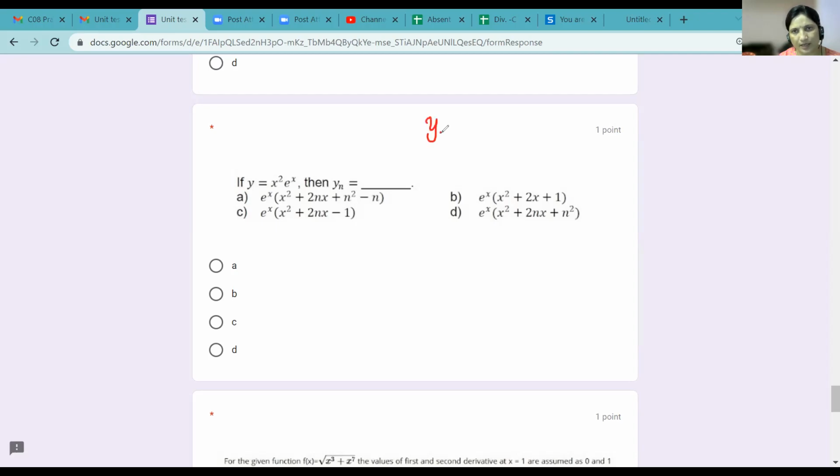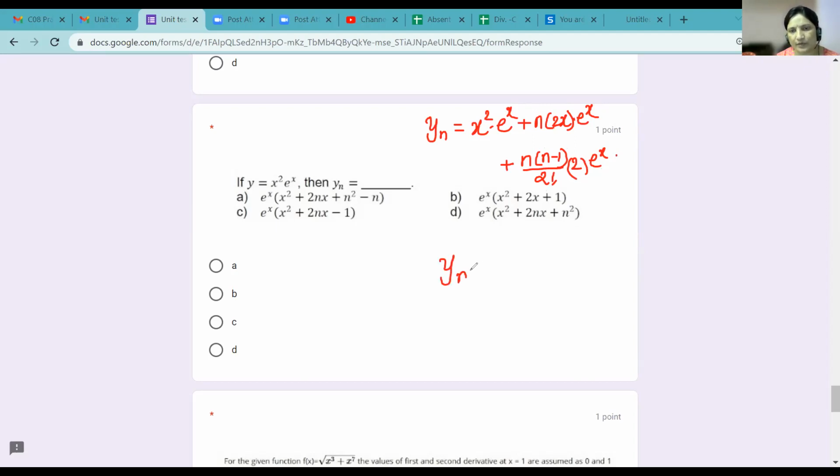The nth derivative is x square into e raised to x plus n into 2x into e raised to x plus n into (n minus 1) divided by 2 factorial into 2 into e raised to x. Hereafter we are not taking the next derivative because the derivative of 2 will be 0.